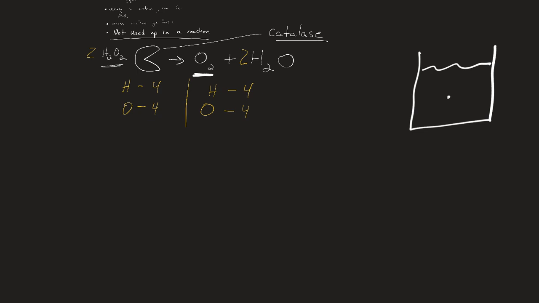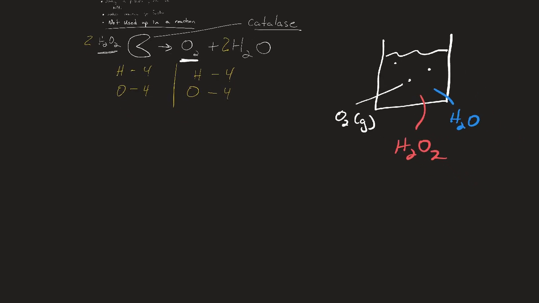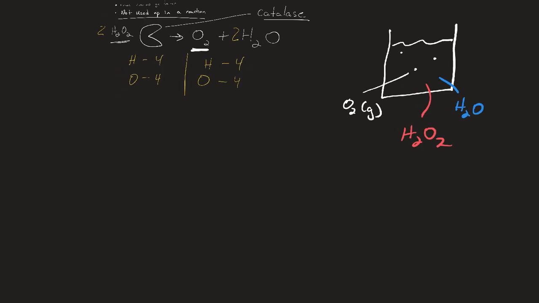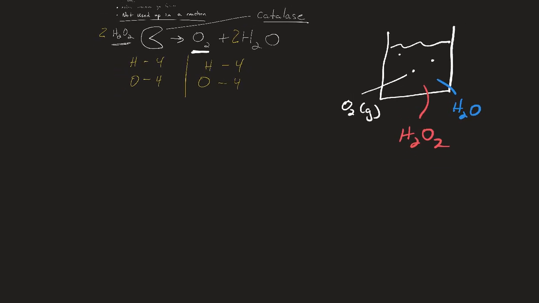Bubbles. Each of the bubbles is oxygen gas. The rest of this is some H2O2 and some H2O, but they're mixed together, so it looks like one thing. It's a solution, and you get some bubbles, but very few. So the reaction is very slow.